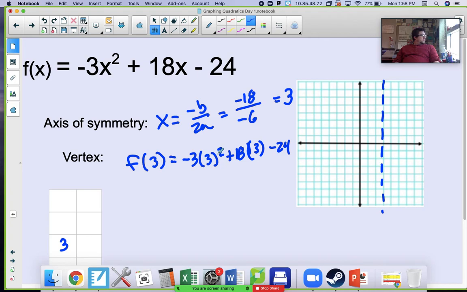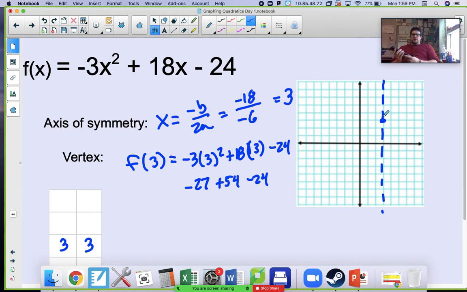So that 3 squared, 9. 9 times 3 is negative 27. Middle, we get 18 times 3, that's 54. Minus 24, so we add all that together. We get 27, we get 3. So there's our vertex.